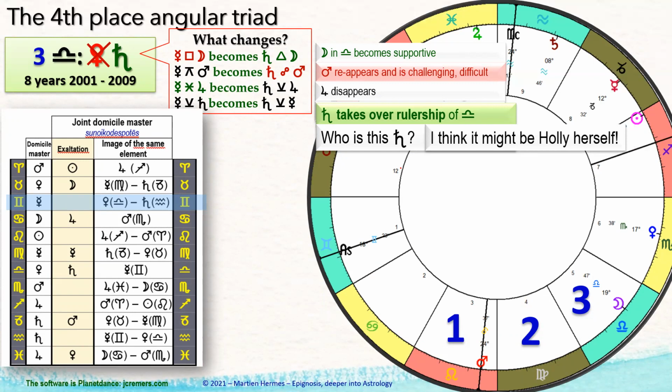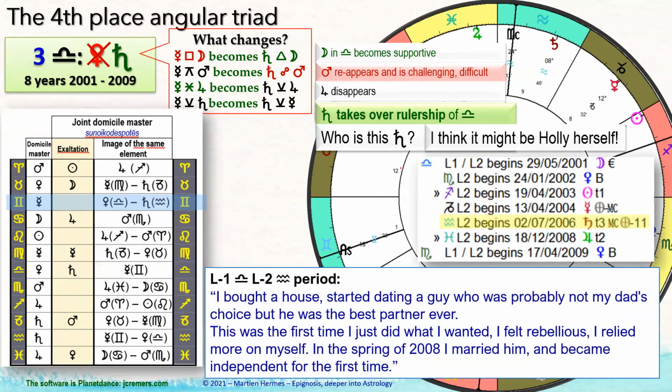So I think Saturn might be a very interesting planet representing you. And I think there's a certain amount of evidence for it, because this is what you told me of this period. So we had a very bad period before this, 2004, a lot of people dying that were very dear to you. A lot of things changed. And then came this period, and this is what you said about it. You bought a house, and we're talking about the fourth angular triad, right?